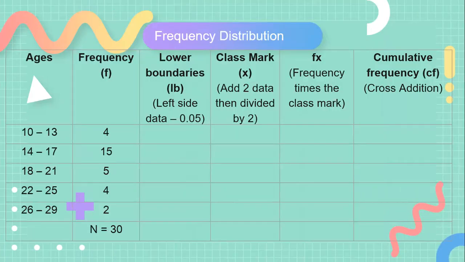Let's solve the table. How to get the lower boundaries?